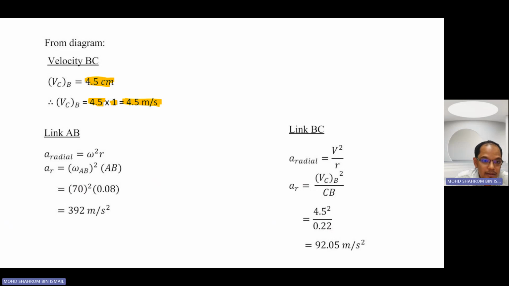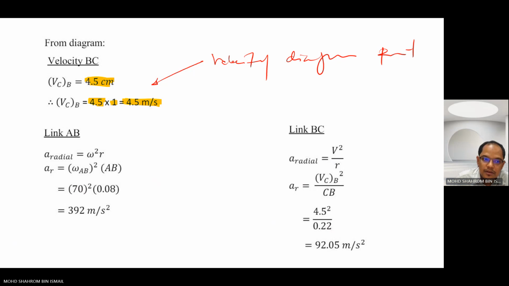And then for the link B, more or less, you already cover it in the velocity diagram. So settle.